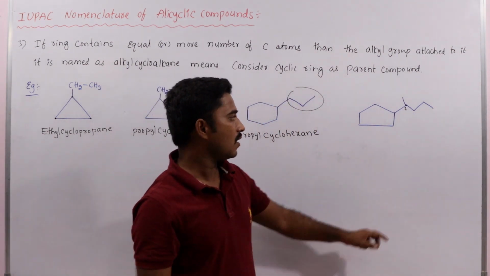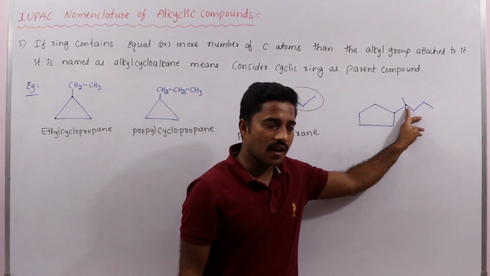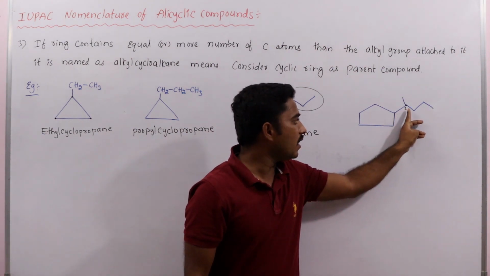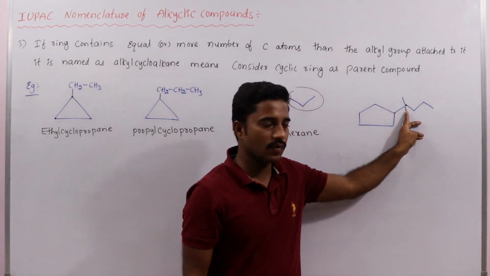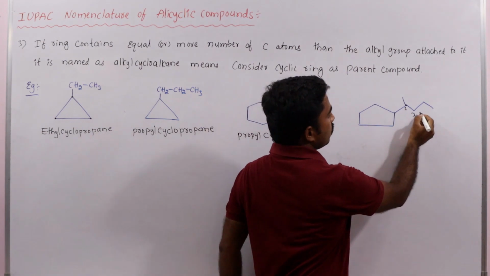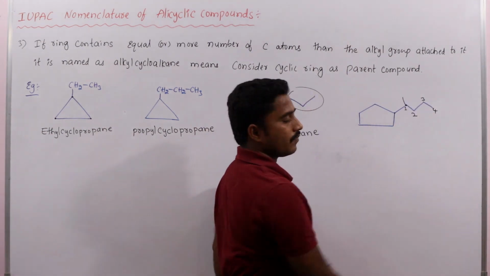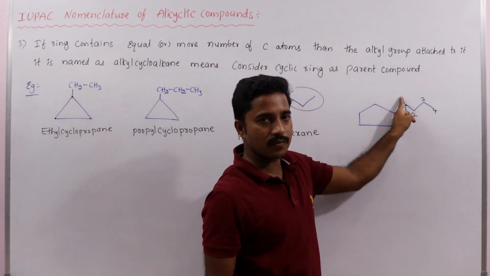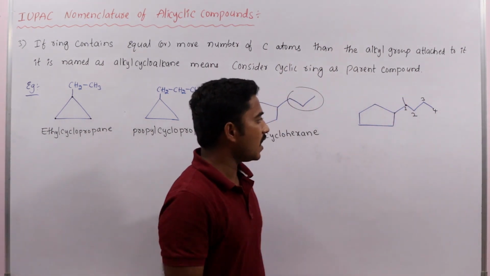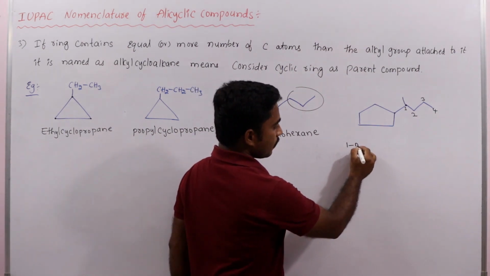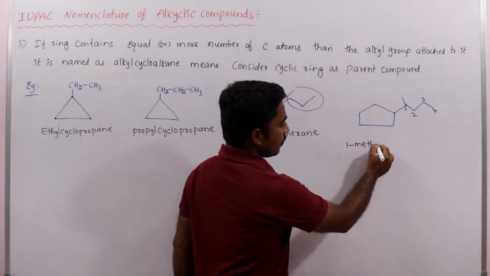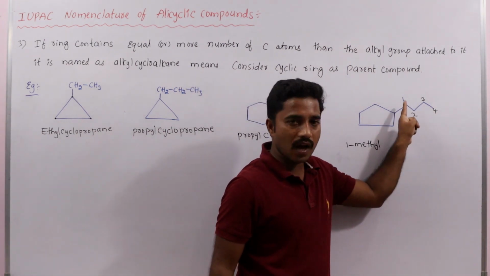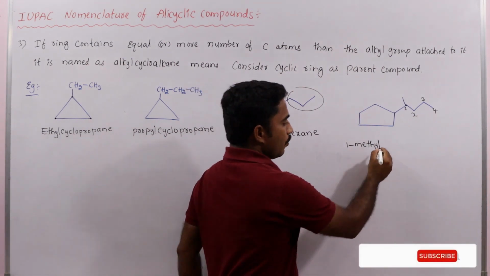So remember this: the carbon of the side chain which is bonded to the parent cyclic ring is numbered as 1. Then 1, 2, 3, 4. In this side chain, at the first position one methyl substituent is there. That's why we should write 1-methyl. The side chain contains how many carbons here? 4 carbons. 1-methylbutyl.